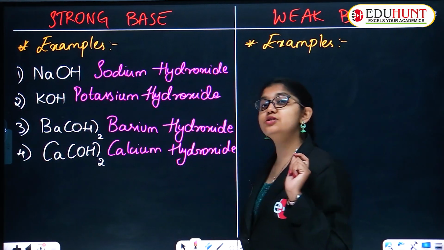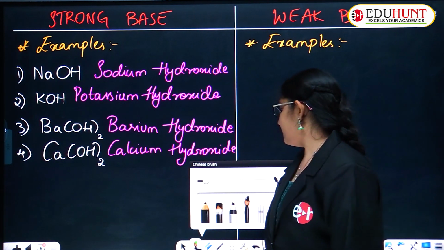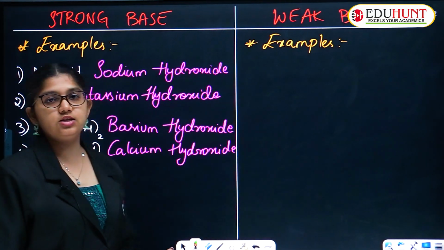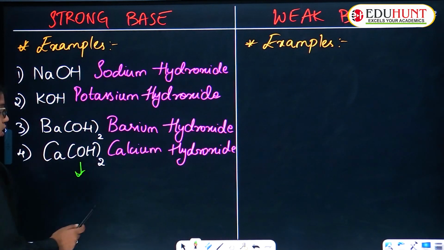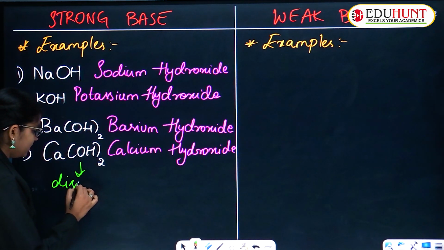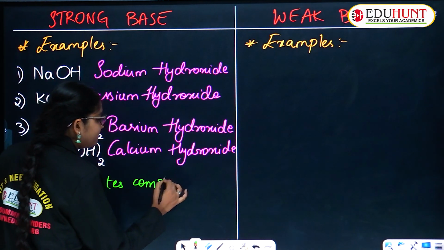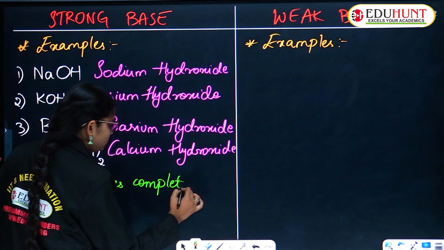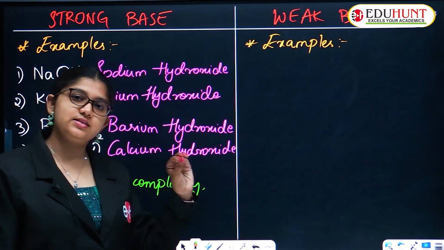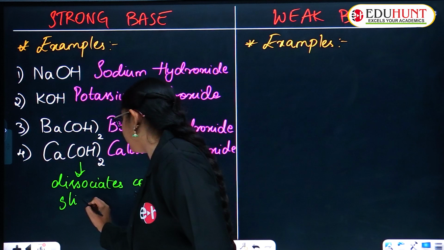Calcium hydroxide is definitely a strong base but not at all a weak base. You know why? Because based upon the definition, bases undergo complete dissociation, right? So here the calcium hydroxide dissociates completely. But it has very low solubility.